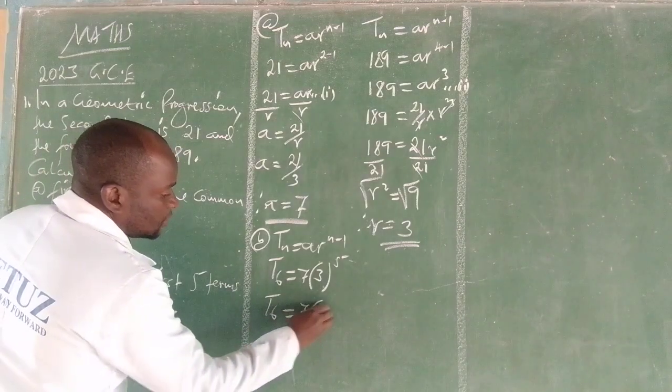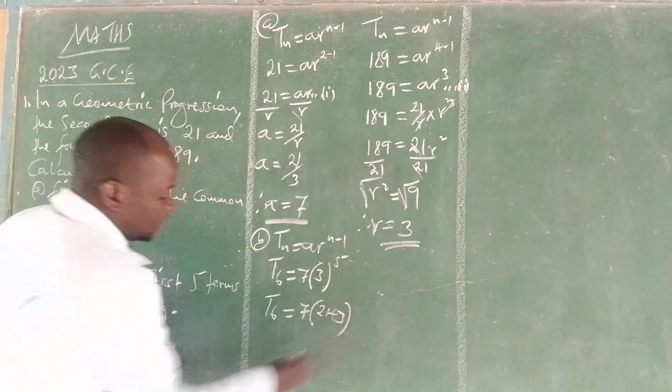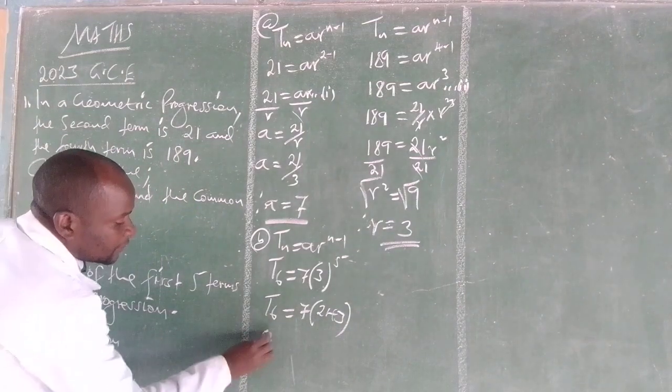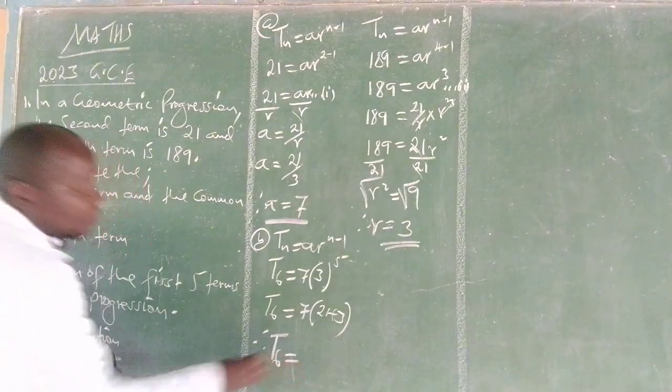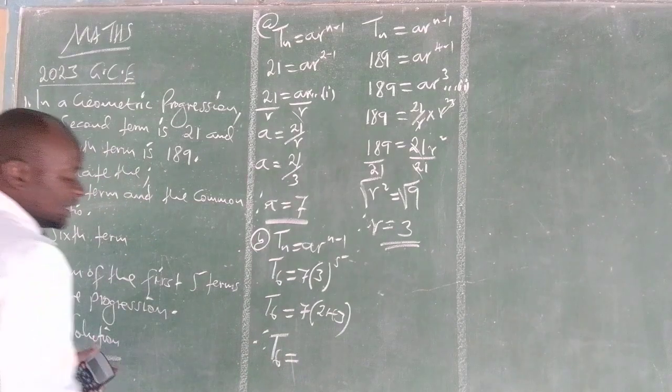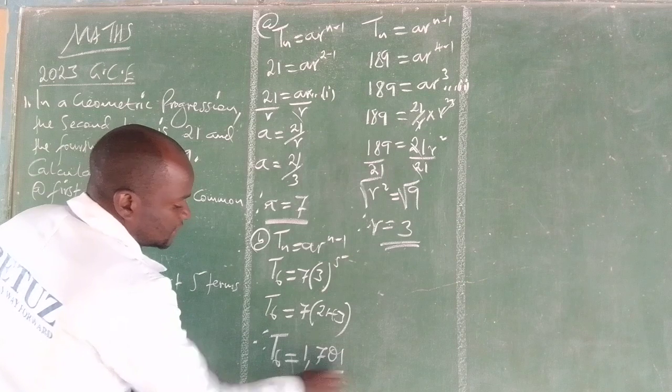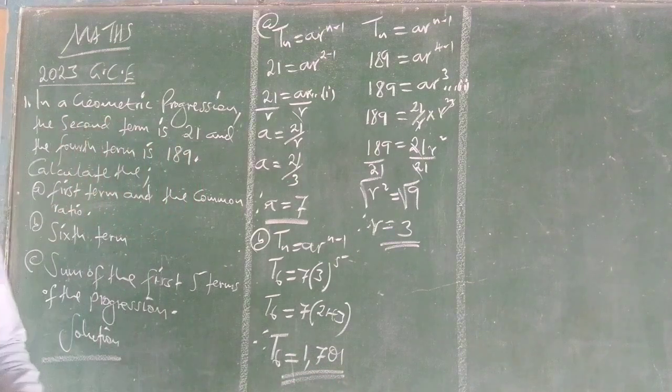So 7 multiplied by 243 gives us 1,701. So this is the term that we are looking for. We are done with question B.